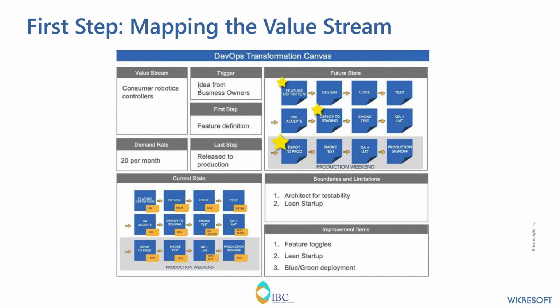And then you're going to start with your current state, where you're at, and you're going to be targeting that future state over your development value stream. Then you'll be updating this as you continue to make improvements through your journey.